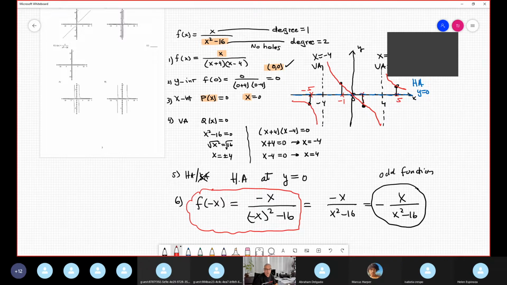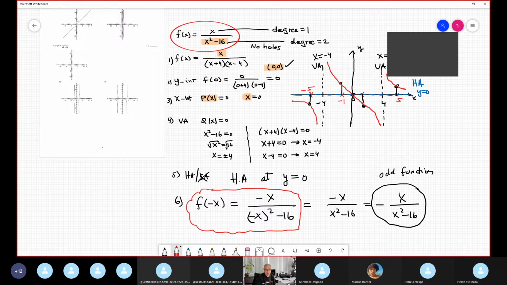Look, in the original equation, you replace x for negative x. When you are doing this, you are doing a reflection. Entonces you see que when the exponent is 2, que es even, a negative number when you square it becomes positive, no? It stays the same. However, in the top, no. In the top we have a negative. Definitely, I can see that in the top we have one negative, and the bottom stays the same.